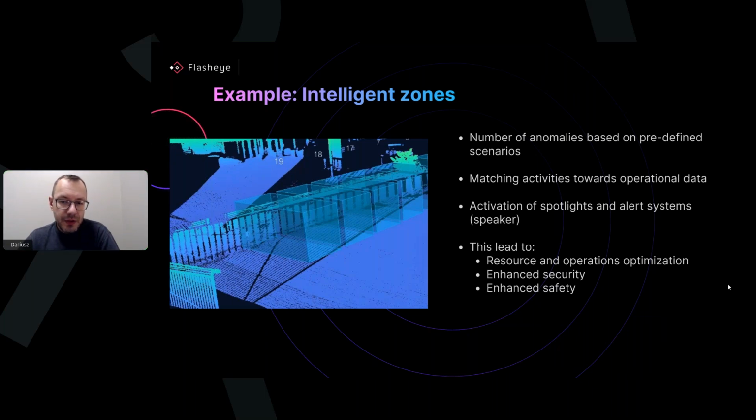And all those will lead to resource and operation optimization, and also enhance security and safety, which overall is a benefit for every one of us.